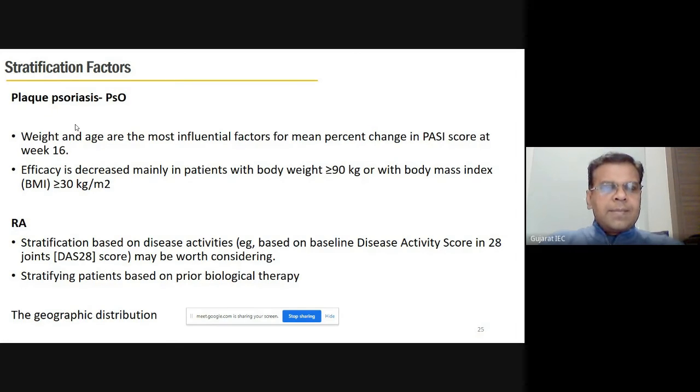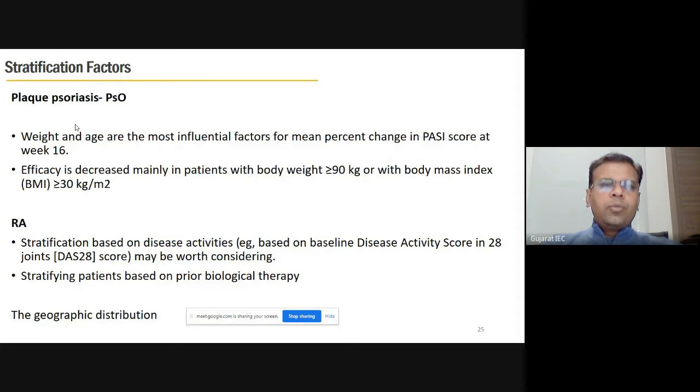It has been seen that efficacy is decreased mainly in patients with body weight more than 90 kg or with body mass index, BMI, more than 30. So if you're doing a study on adalimumab for plaque psoriasis, you would not like to have obese patients or patients with more than 90 kg of weight or BMI more than 30, because that tends to affect your efficacy of the drug.